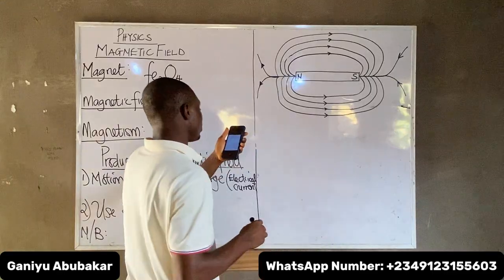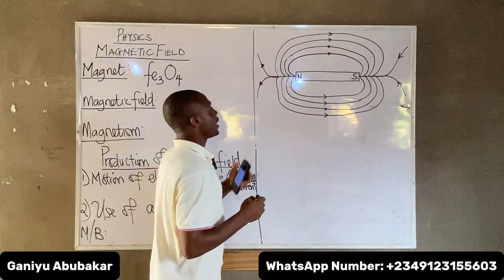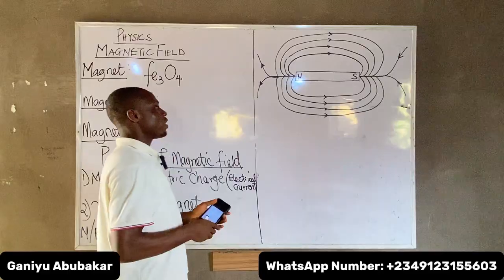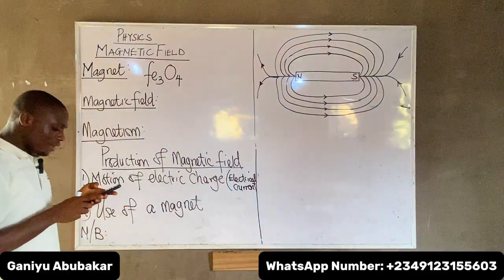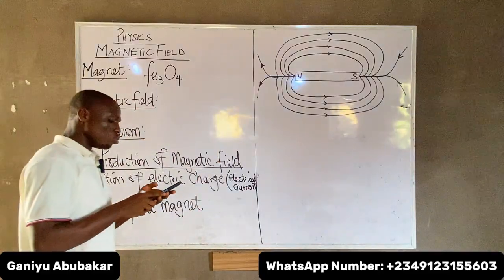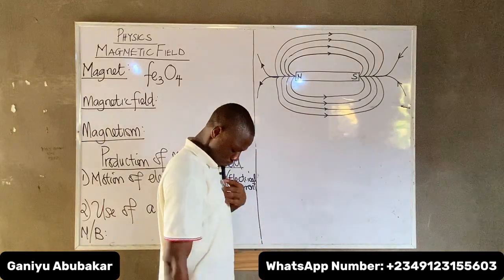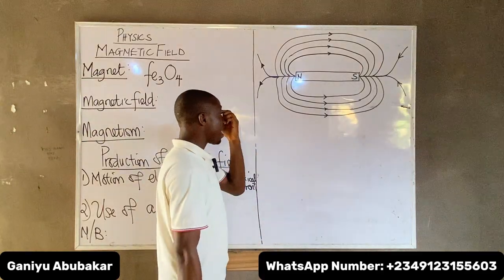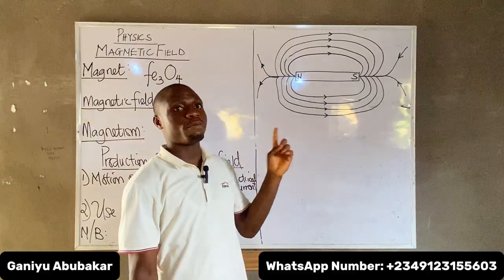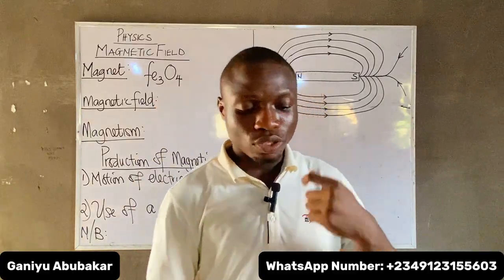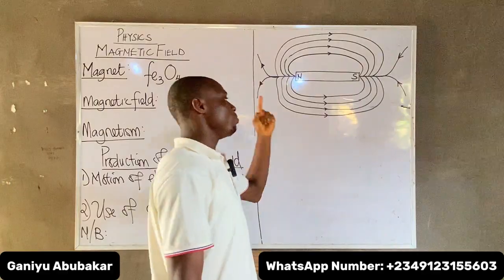Now listen, please. This is your diagram for the magnetic field produced by a bar magnet. I want you to take something from this diagram.